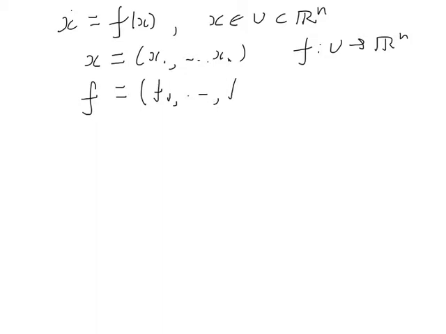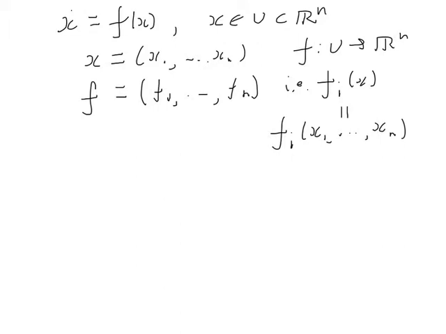Let's call that f1 up through fn. So each fi here is a function of x, and that will be equal to fi of x1 up through xn, just belaboring the notation.